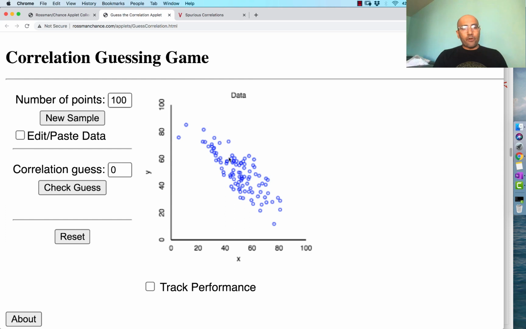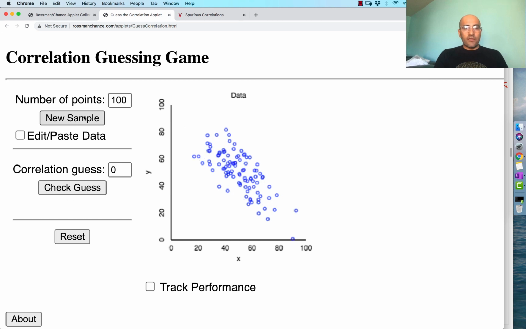If they were in a perfect straight line, it would be a -1. This isn't quite a perfect straight line, but it is a very, very strong relation here. So I'm going to guess -0.95 for this one. Let's see how close I got. The real one would have been negative 0.807. So I was a little off. The result of that really ugly calculation would have been this.